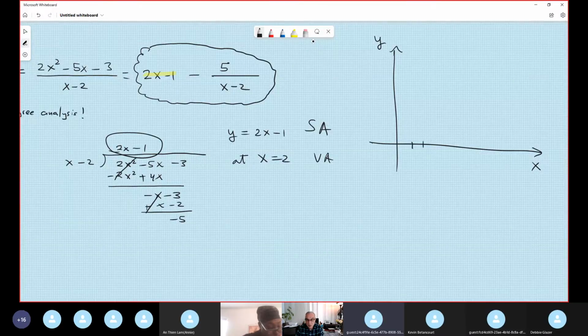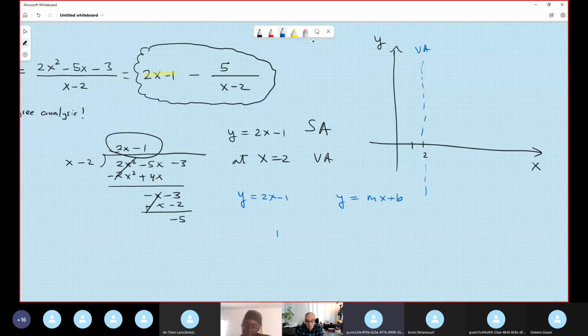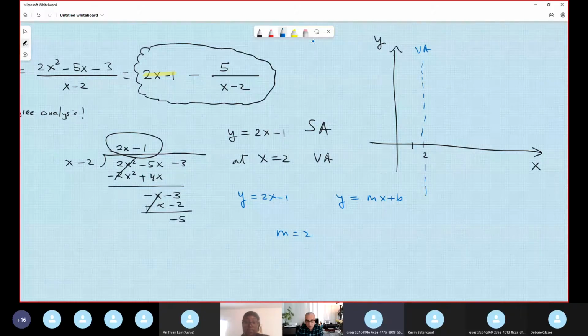This is our vertical asymptote at 2. And the slant is y equal to 2x minus 1. Immediately in my mind, I compare with mx plus b. I discover that m is 2, the coefficient of the x, which is the slope. And b is -1.